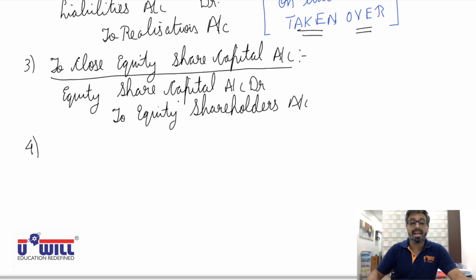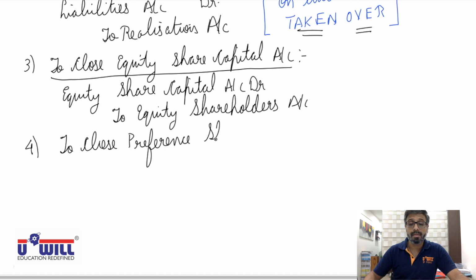So exactly like equity share capital, the entry is for preference share capital. To close preference share capital, preference share capital also has a credit balance. So to close it, we will reverse and debit it.